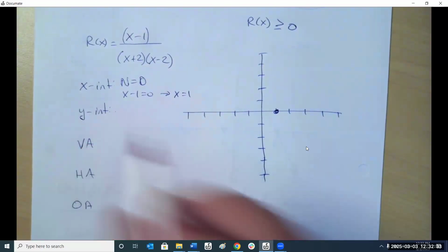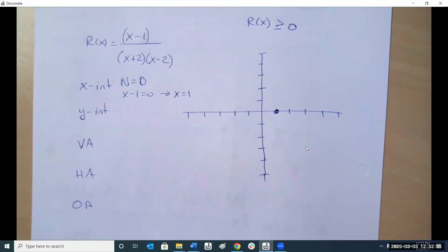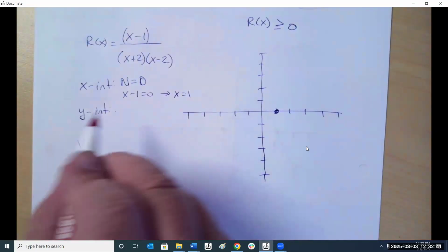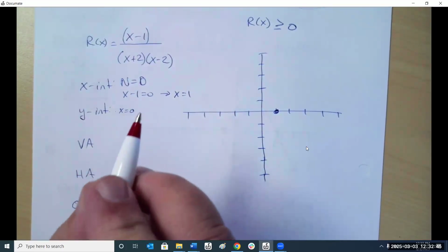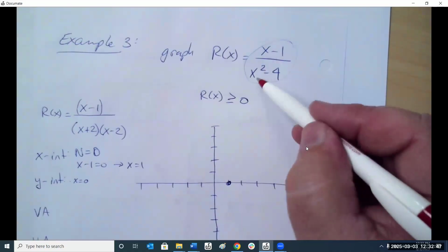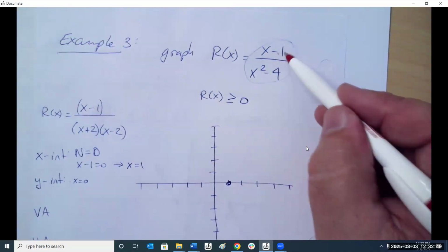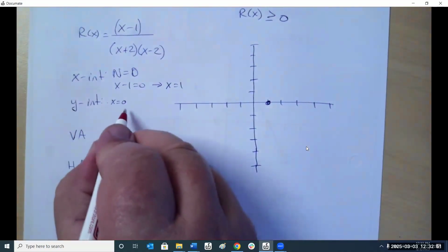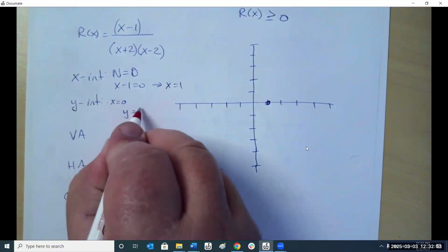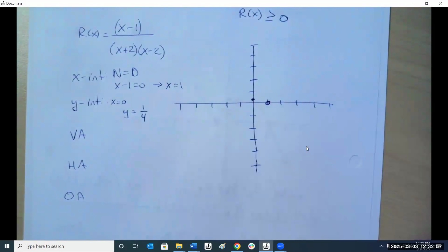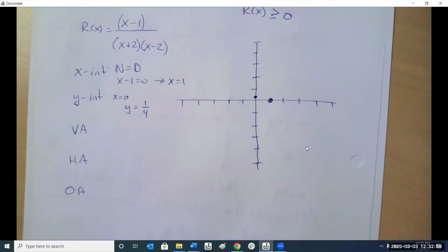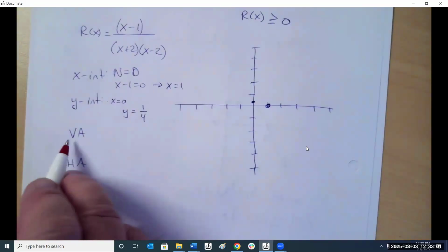What's my y-intercept? Set x equal to 0. So up here, set x equal to 0. You have -1 over -4, positive 1/4. There's your y-intercept.